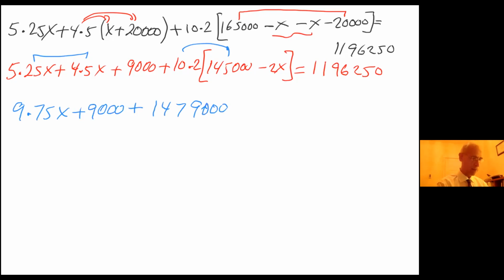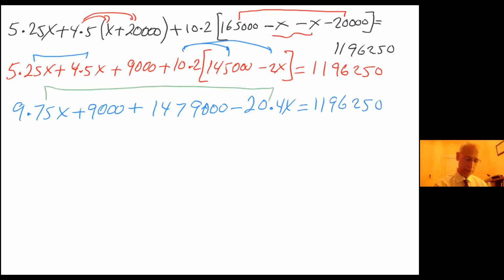Can't trust my arithmetic too much. Yeah, 1,479,000 minus 10.2 times 2x, which is 20.4x, equals 1,196,250.